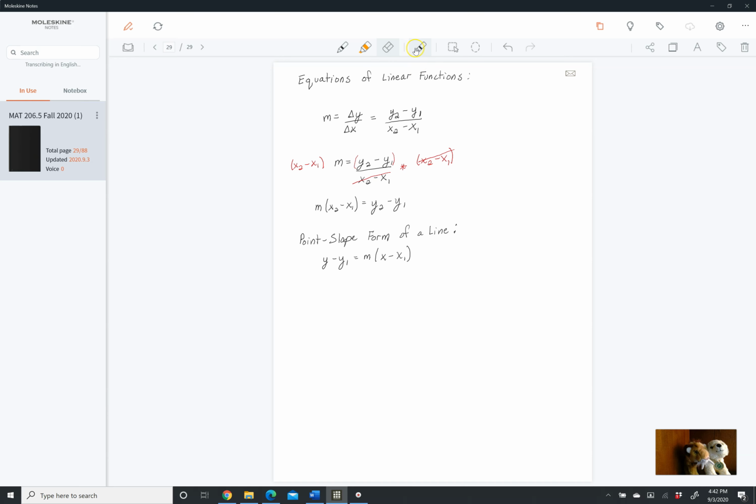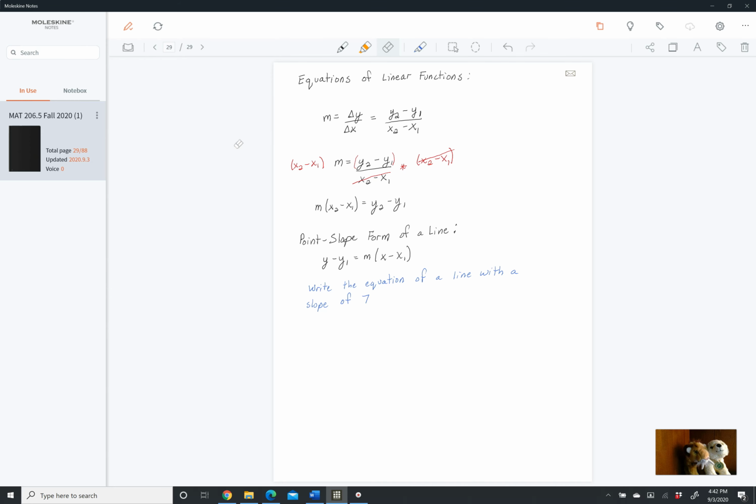Okay, so let's just take an example of how we might use this. Write the equation of a line with a slope of 7.